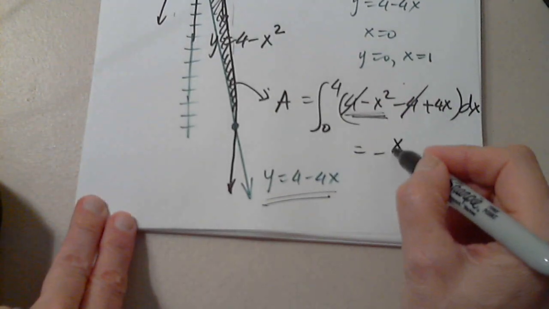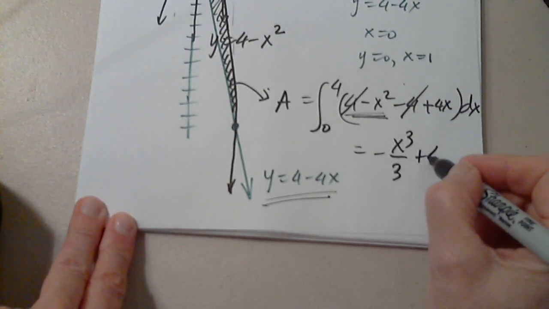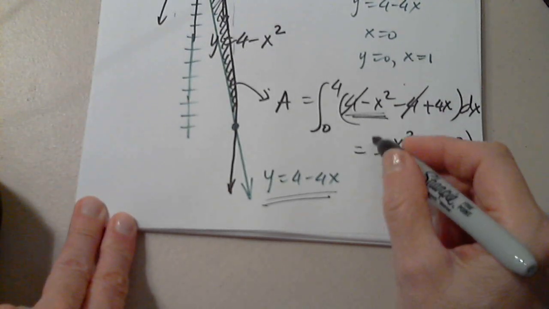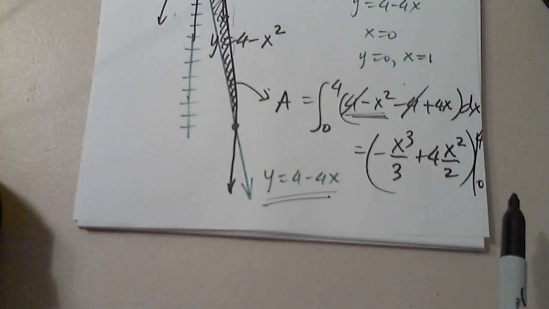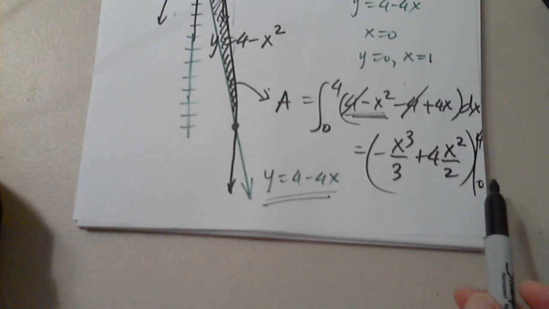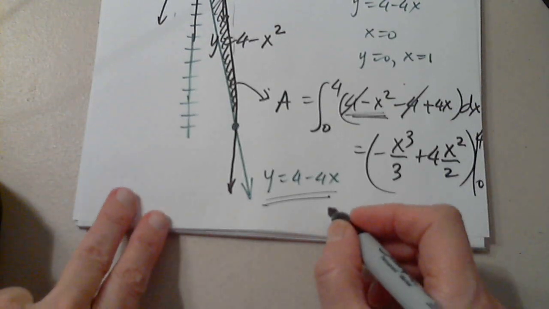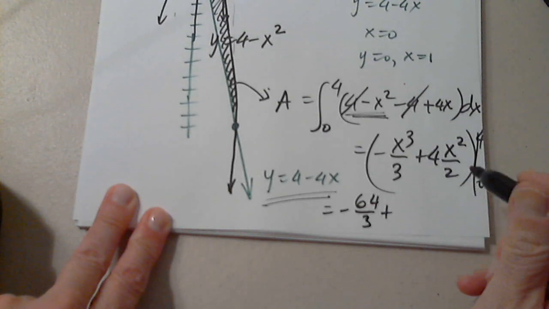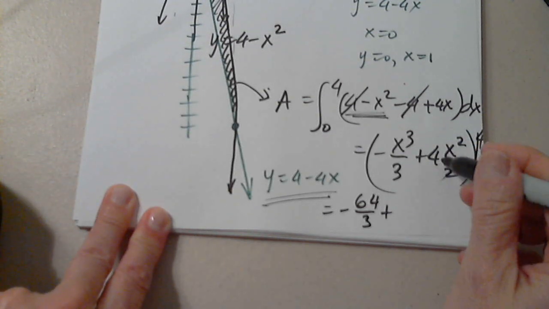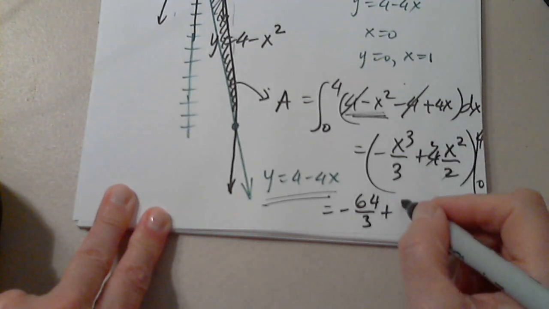So then I have negative x to the third over 3 plus 4x squared over 2 from 0 to 4. Luckily, again, I don't have to plug in 0, but I still have to start with 4. So I have negative 64 over 3 plus, this is 2, and this is 16, so plus 32.